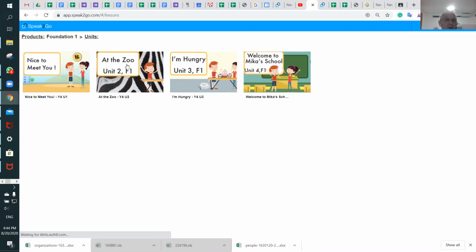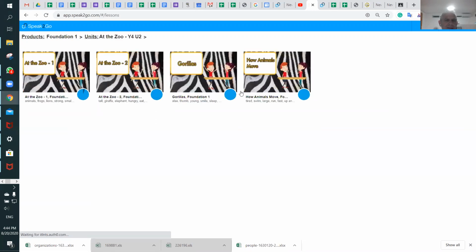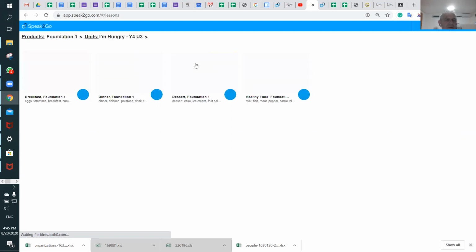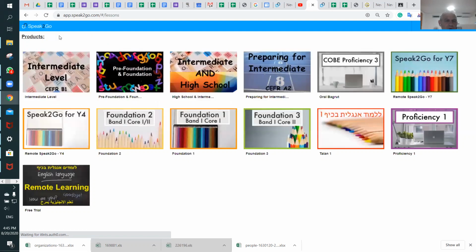And if I'm entering one of the units, I can see the list of lessons in it. And for each lesson, we give the name of the lesson and the beginning of the vocabulary. On the pie, the student can see his progress. So if we are here on the level before we enter the lesson, we can still go and select another unit or explore another product.